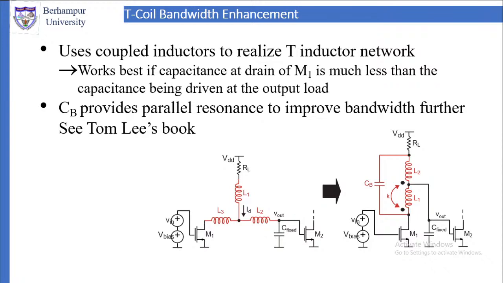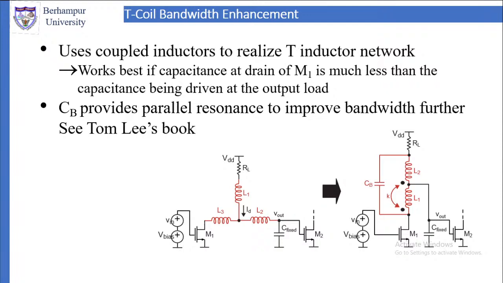So two bandwidths are there. One is the bandwidth due to the resonator, CB and L1, L2, and the other is the bandwidth of the amplifier. There will be an overlapping between these two bandwidths.